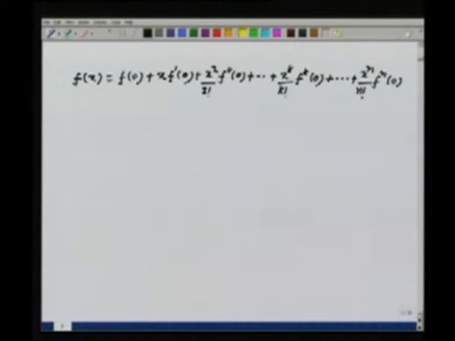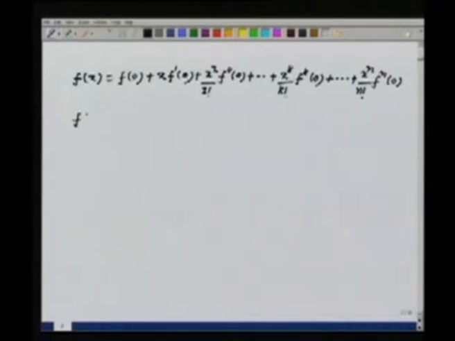Now here, what exactly am I using about the polynomials? It seems from this expression all I am using is that the function is differentiable as many times as I want. So given a function, let us say f is a function on a closed interval [a,b] to R. Assume that f is n times differentiable.